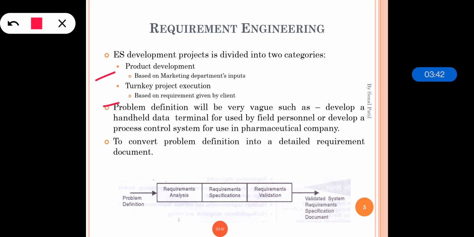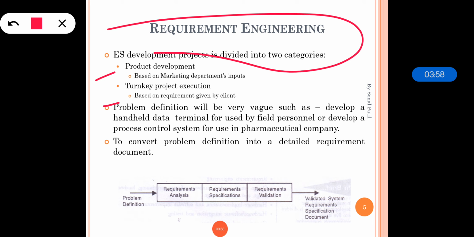To start with, the problem definition will be very vague, such as develop a handheld data terminal or develop a process controller. But we need to convert this problem definition into a detailed requirement document, and this is called the requirement engineering process.